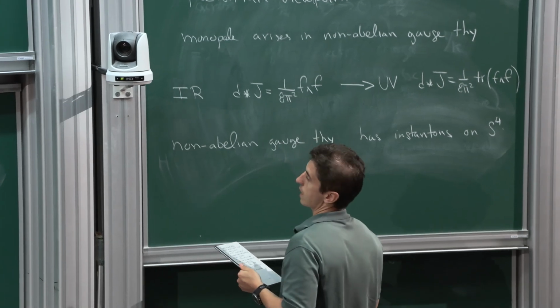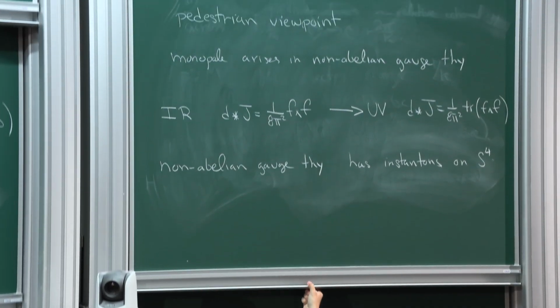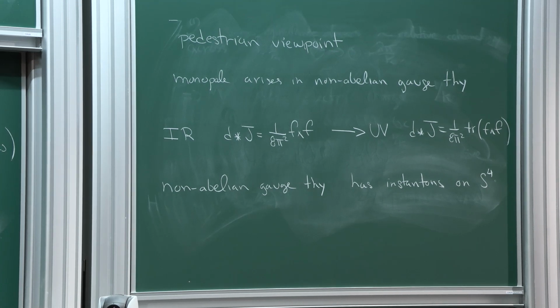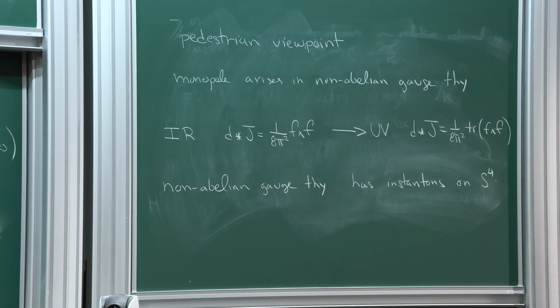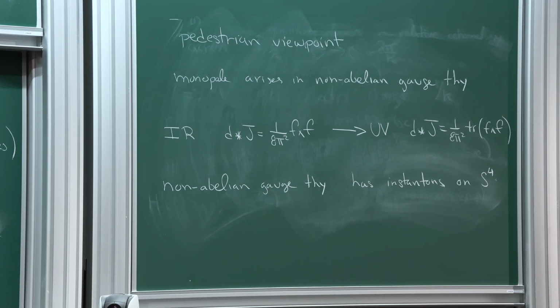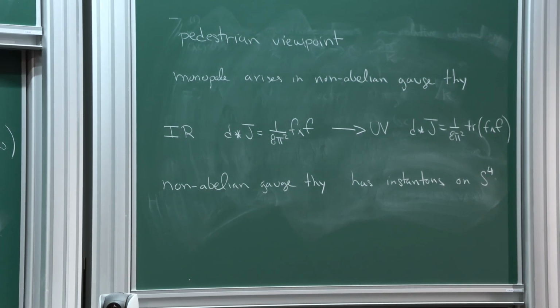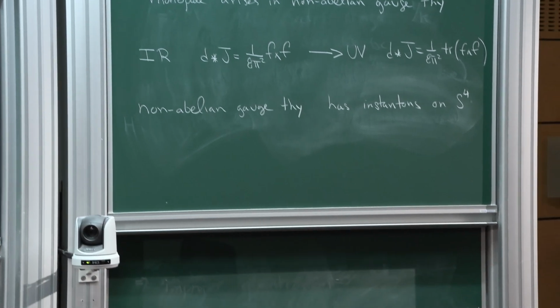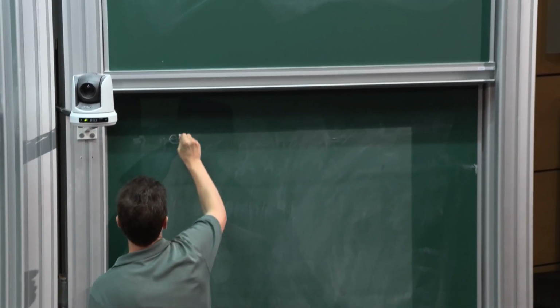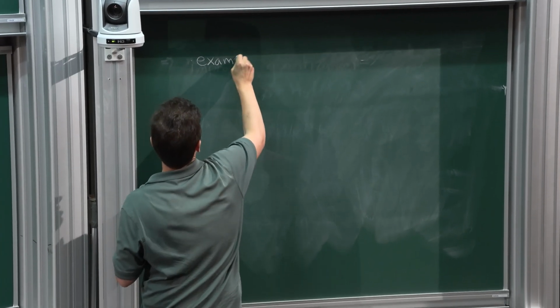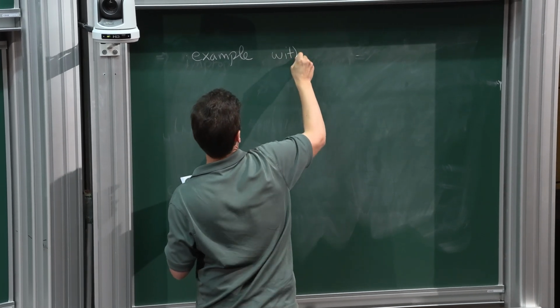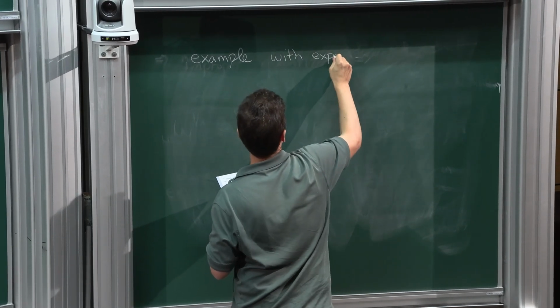So perhaps the right way to proceed, if you want a concrete formula, give me 5 minutes, say, is to consider the effect of instantons. Okay, so let me give you just an example. Let's do an example with an exponentially small mass.